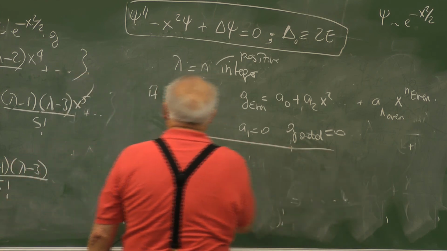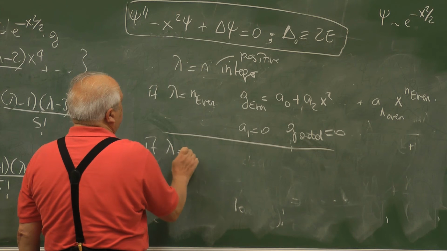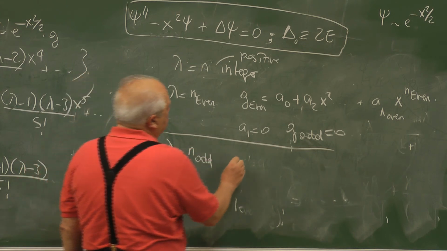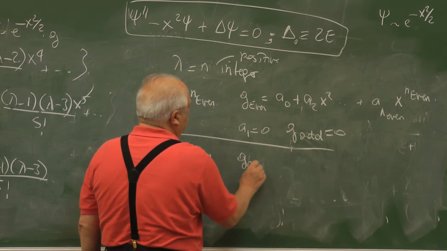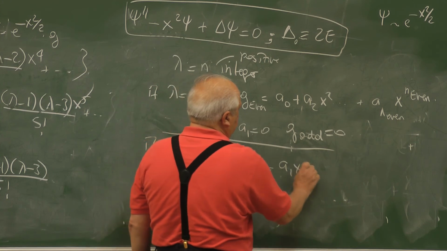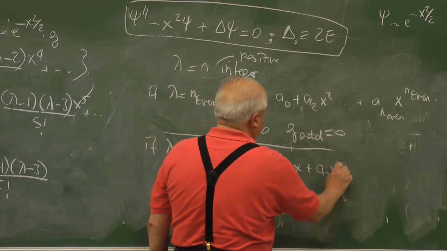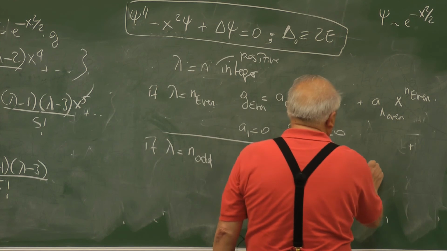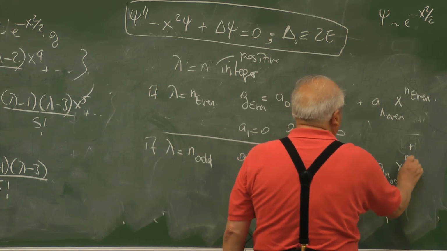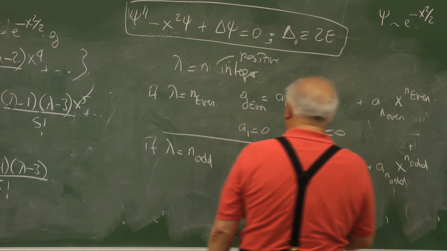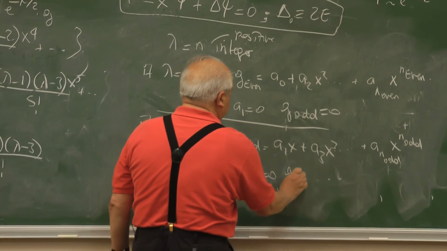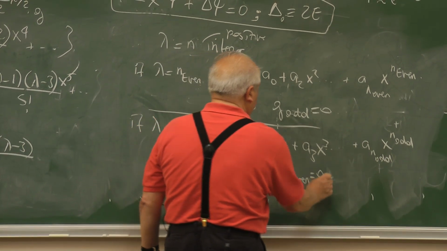Or if lambda is n odd, then g odd is a1 x plus a3 x cubed plus a n odd x to the n odd, and we set a0 equals 0, g even equals 0.